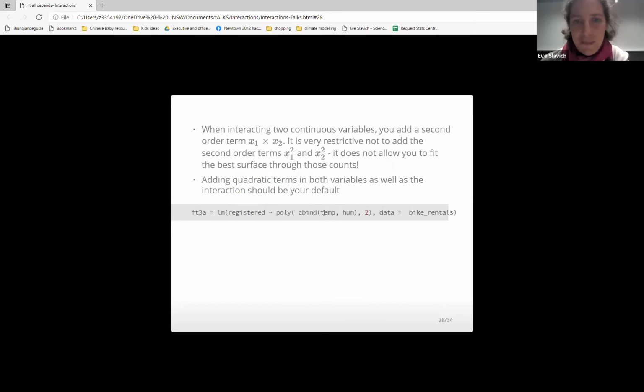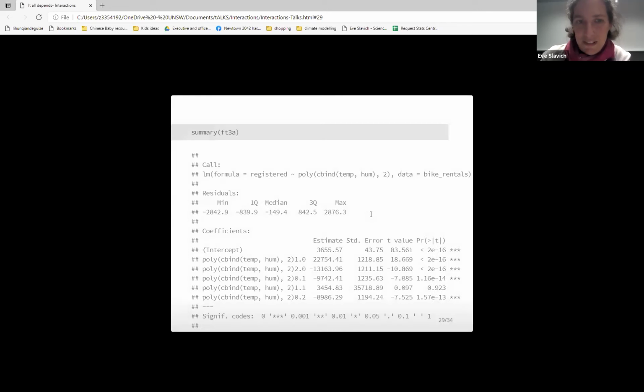So that'll fit all the second order terms in R. Or you can do it in other ways as well. And so what it does is it fits a term for temperature, a term for temperature squared, a term for humidity, a term for humidity squared here, and the interaction between temperature and humidity.